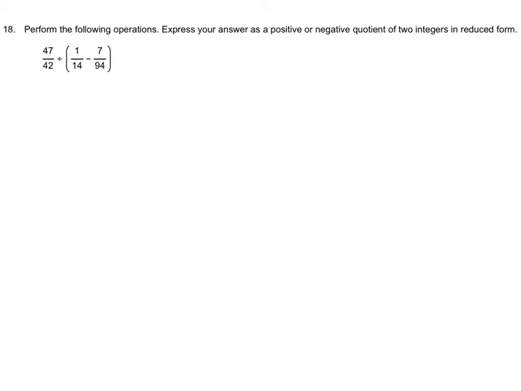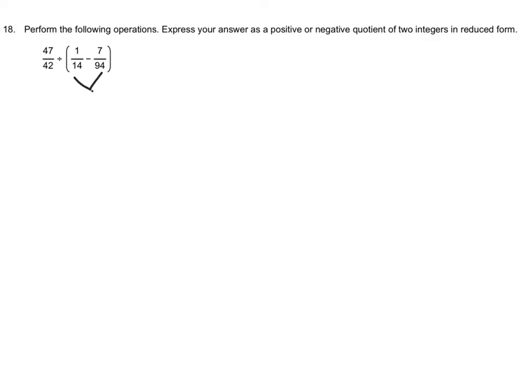Perform the following operations. Express your answer as a positive or negative quotient of two integers in reduced form. Here we have 47/42 divided by (1/14 minus 7/94). In order to perform this calculation, I first need to do the operation within the parentheses.